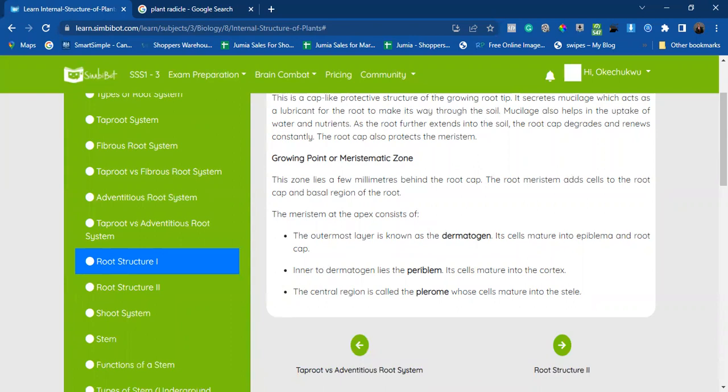The outermost layer is known as the dermatogen. We have the dermatogen, the outer part, the peribrim, and the inner, central part, which is known as the perum.